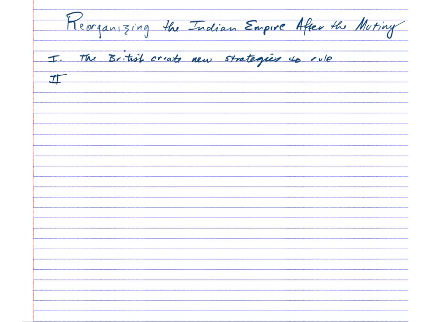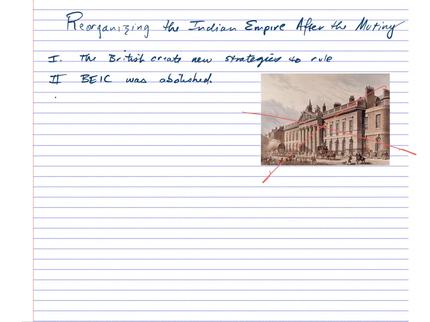Two, the British East India Company was abolished. Three, the British Raj ruled directly.